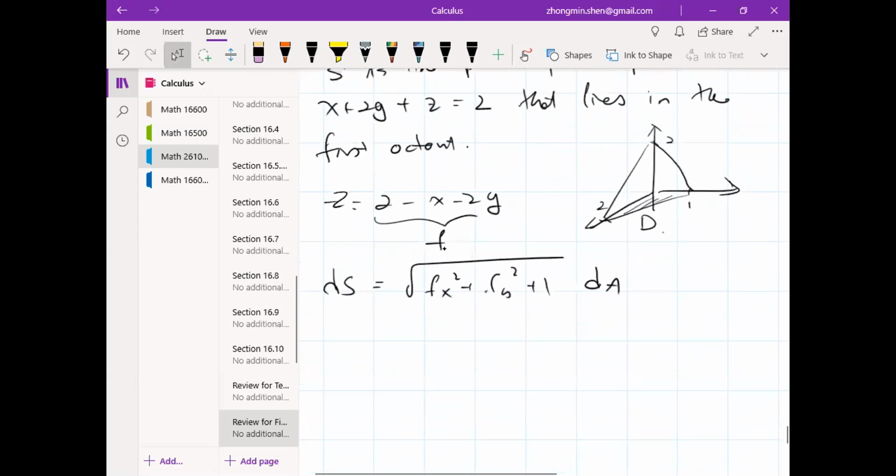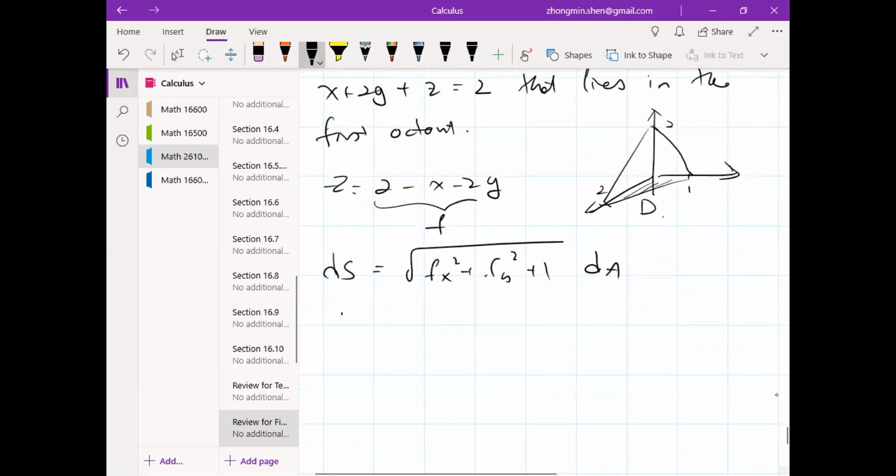So D, when x equals 2, y is 1 here. This is D, and x plus 2y equals 2.